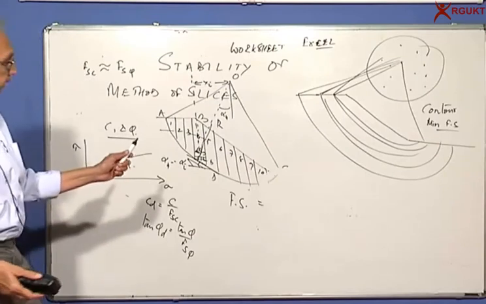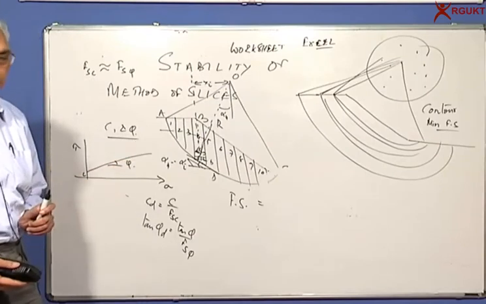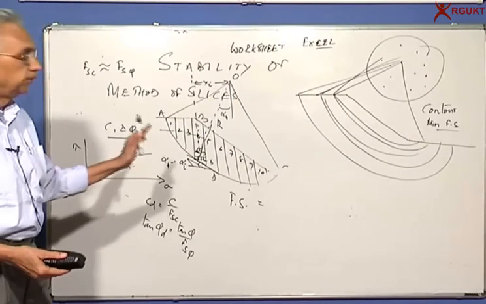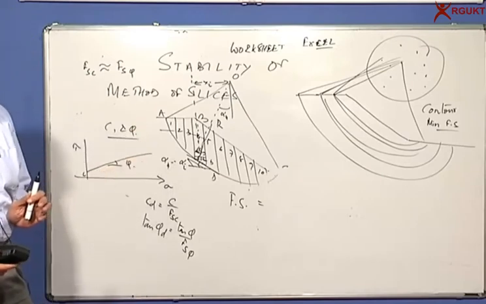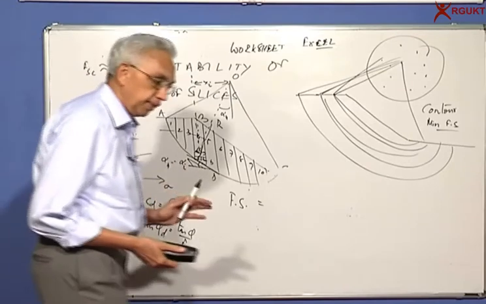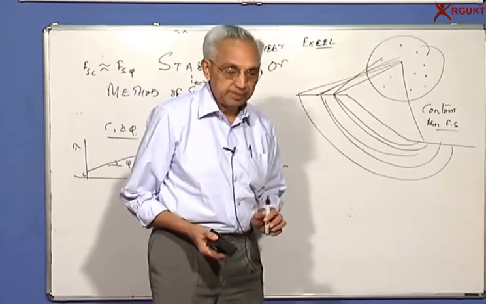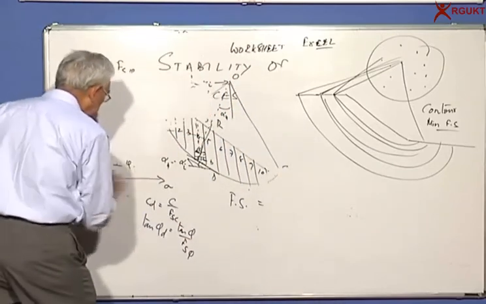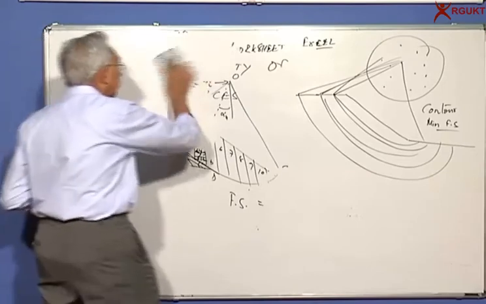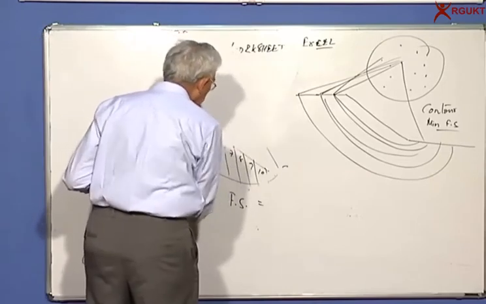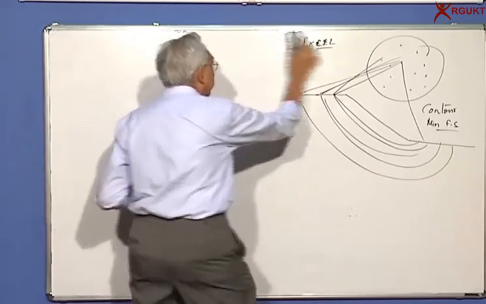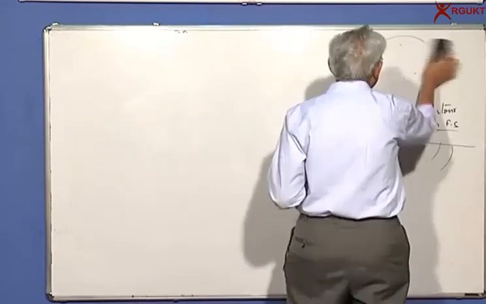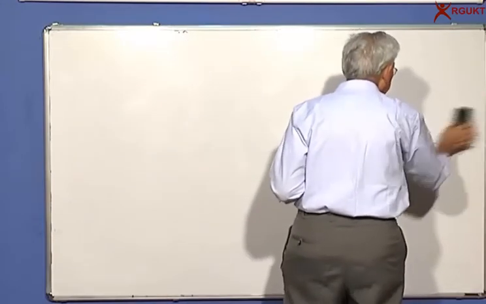What is interesting is this is a very simple mechanics problem. All that you need to know is the weight of the slice. Now this used to be done till about the 1950s and 60s. Then somewhere around that time, Bishop at Imperial College looked at the problem a little more in detail and looked at the forces acting on the sides of the slices.